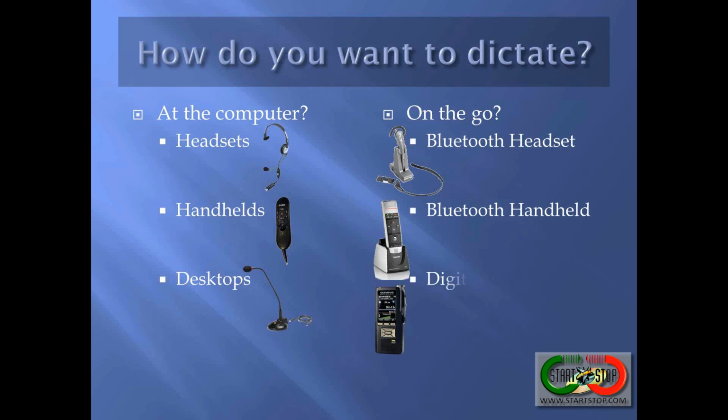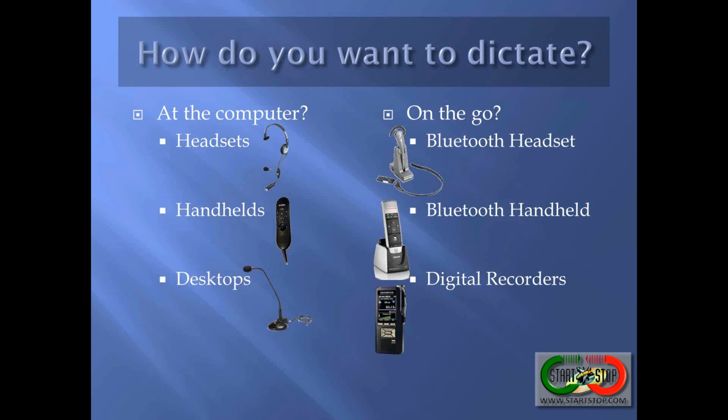And the third would be a digital recorder, and obviously that would give you the freedom that I mentioned earlier to be anywhere in the world, even if you're not close to a computer, and do your dictation. Now, you're not going to be able to get it into Dragon right at that moment, but you'd at least be able to get your thoughts put down in a digital format where they could then later be sent to Dragon for transcription.